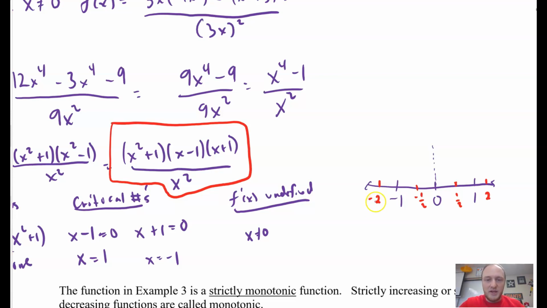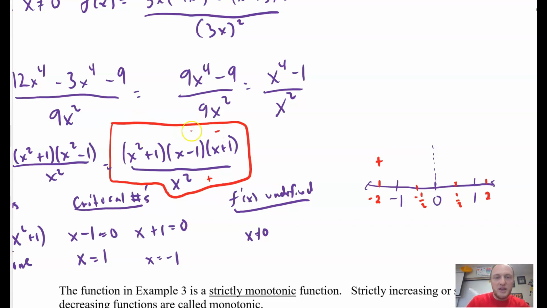Plugging in negative 2 here gives me a positive. Plug in negative 2 here, that will give me a negative. And plugging in negative 2 here, I get a negative over a positive. Positive times negative is negative, over positive, so that is a positive.